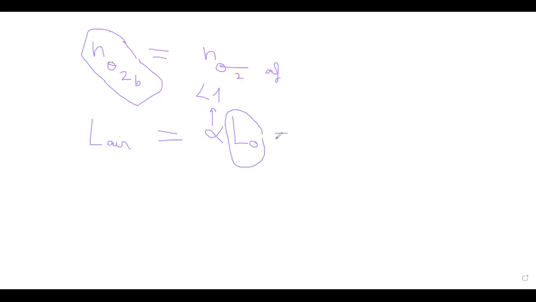And we have already found together that for stoichiometric combustion, L0 is C over 12 plus H over 4.